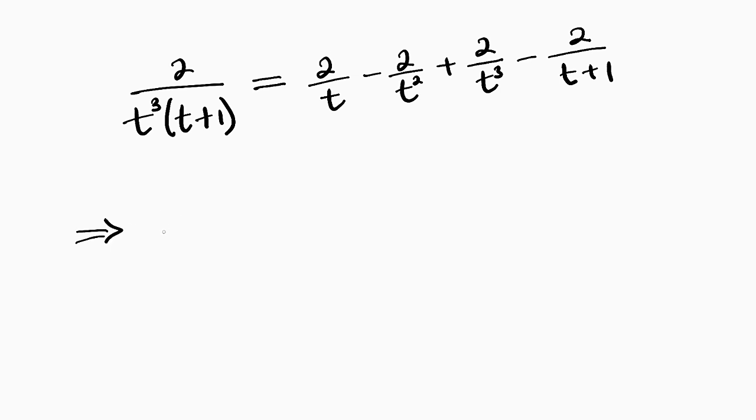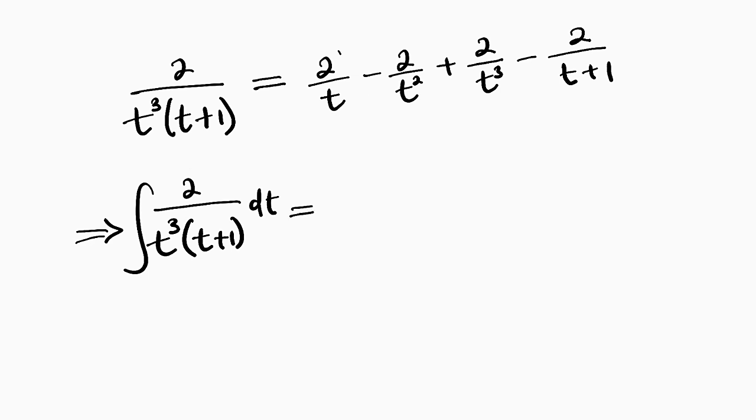This implies that the integral of 2 divided by t to the power of 3 multiplied by t plus 1 with respect to t is now equal to the integral of this one, which I believe I can factor out the 2, bring it outside, times the integral of just 1 divided by t dt, minus, do the same thing here, I'll factor out 2, multiplied by the integral of 1 divided by t squared.